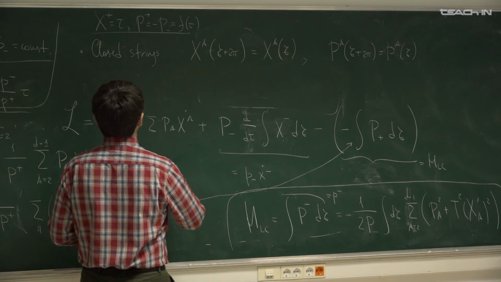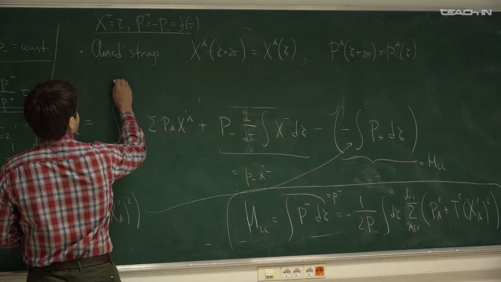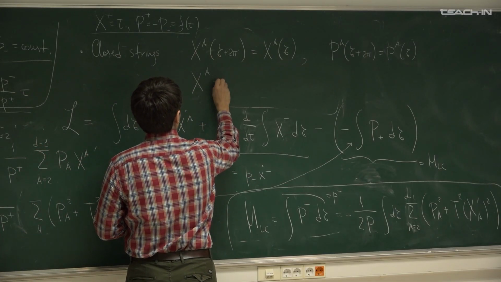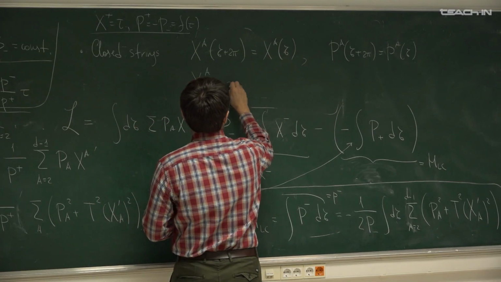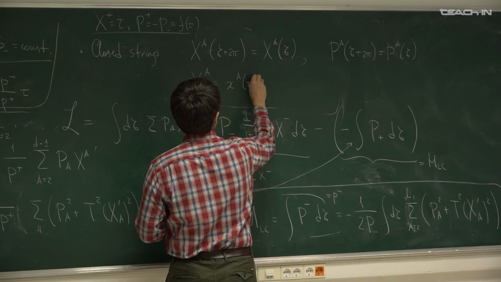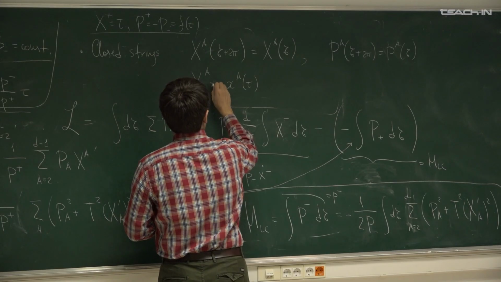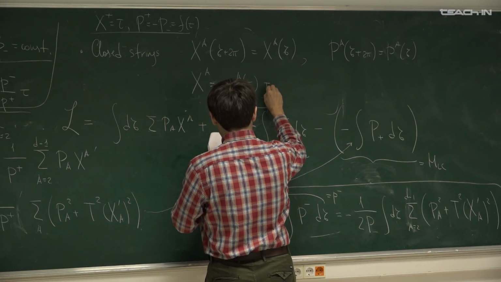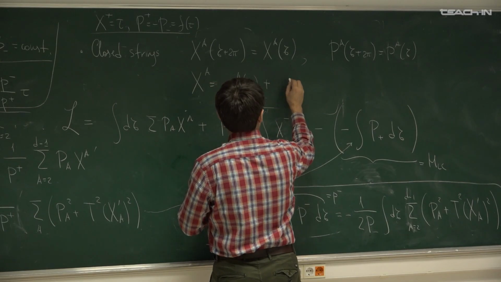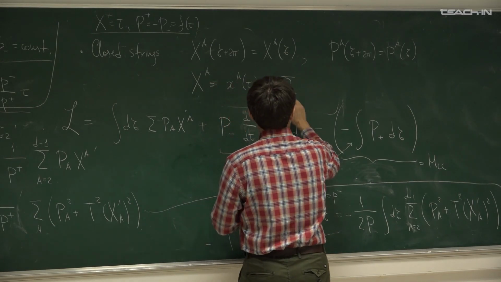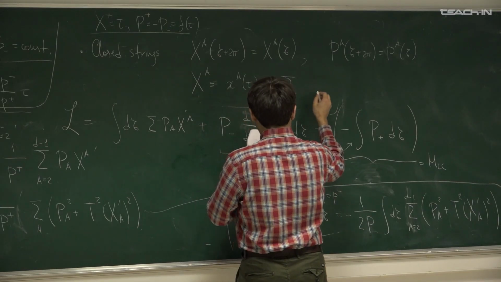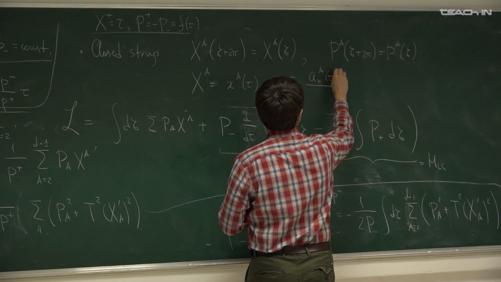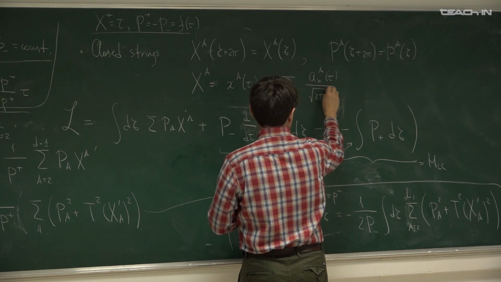Let's expand in Fourier series. So X^A is going to be x^A of tau plus sum over n not equal to 0 of a_n^A of tau over square root of 2 pi.